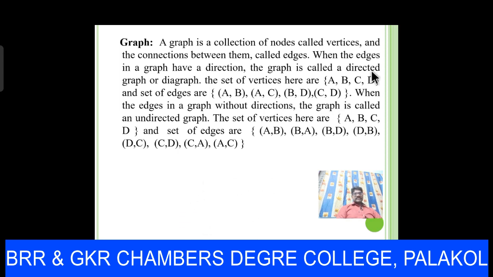Edges. When the edges of a graph have a direction, if you move along the path from A to B, it has a direction from A to B. From B to C it moves from B to C, and C to D it moves from C to D. So A, B, C, D are the vertices and the set of edges are from A to B, A to C, B to D or C to D. When the edges in the graph have no direction, we call it an undirected graph.